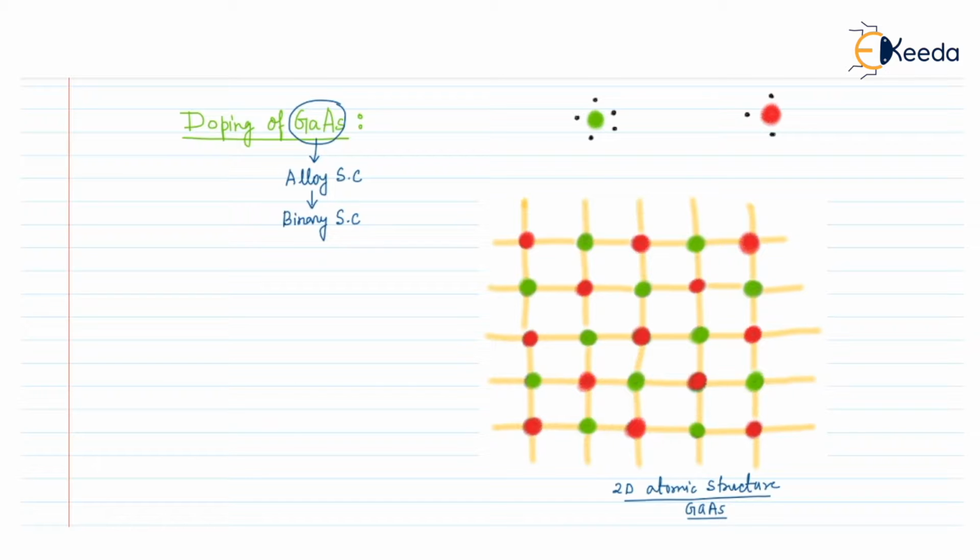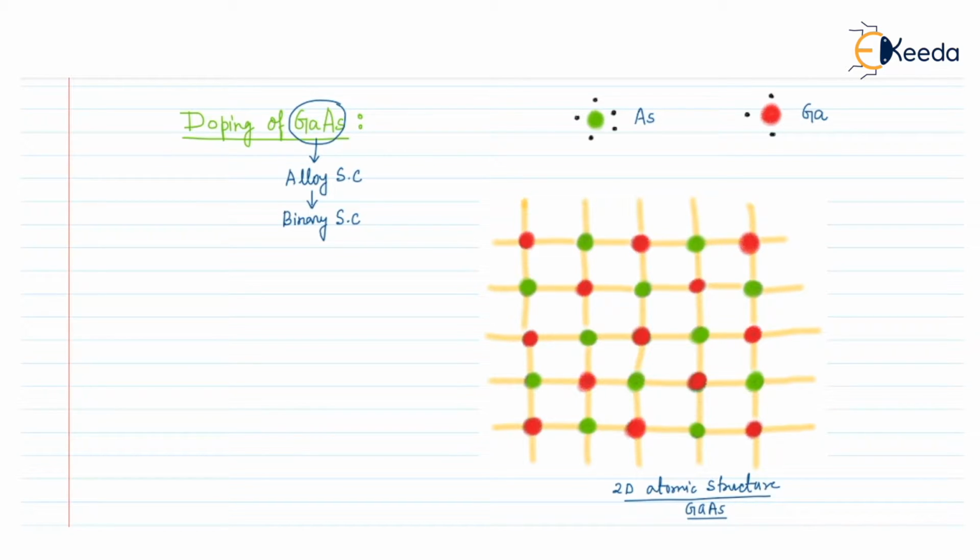The green color atoms are the arsenic atoms, and the red color atoms are the gallium atoms.